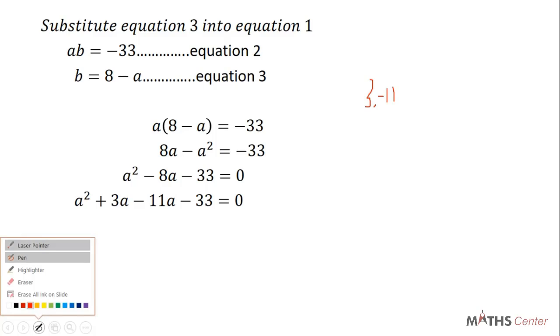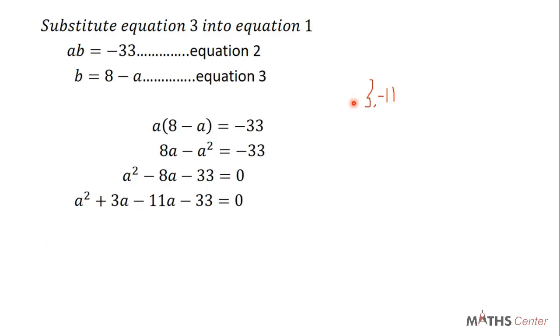Once again, as I said, if you want to understand how to find these two numbers, 3 and minus 11, watch the video on factorization in algebraic expressions. I explained to you how you can use your calculator to get these two numbers. Okay, so we replace negative 8A with 3A and minus 11A so that we can solve this. You go ahead and factorize. So you put A squared plus 3A into one bracket.